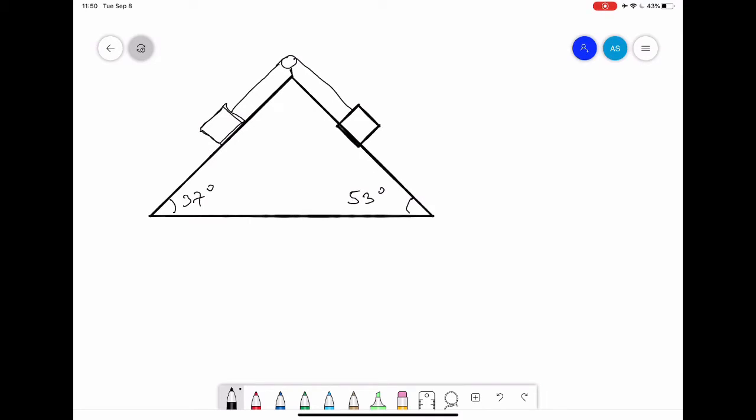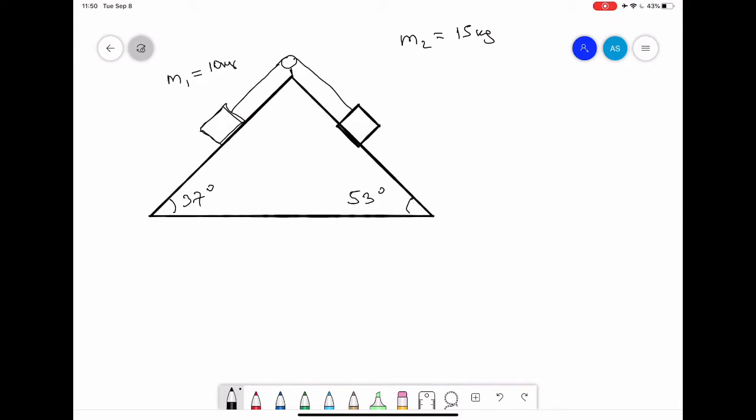Okay, now the right side I will call it M2, which is equal to 15 kilogram, and the left side I call it M1, which is equal to 10 kilogram.